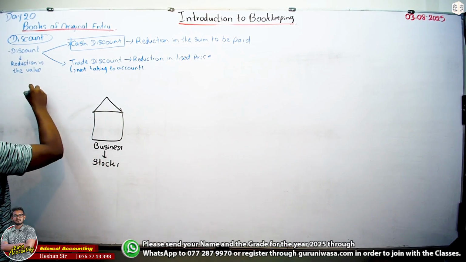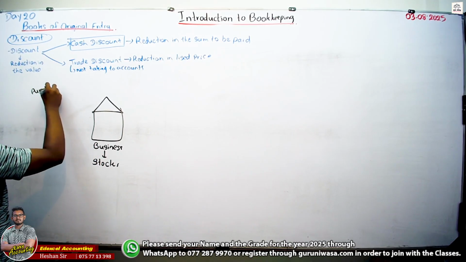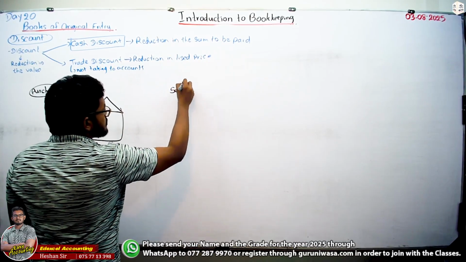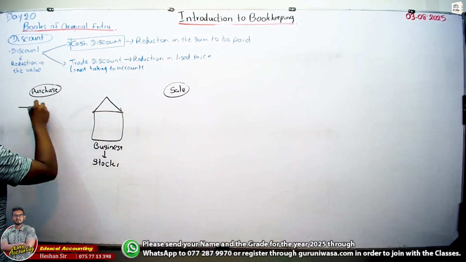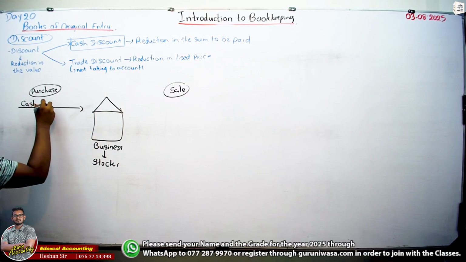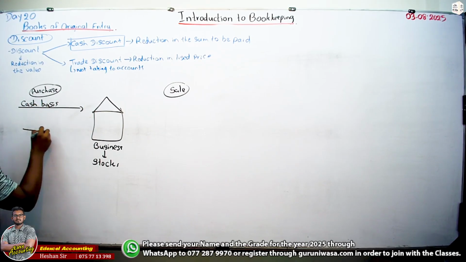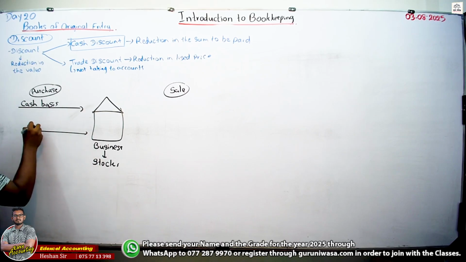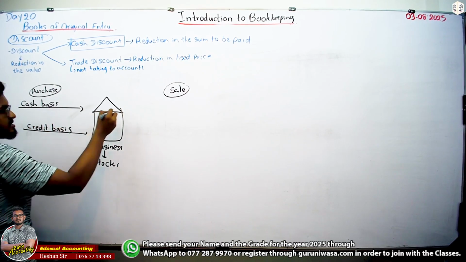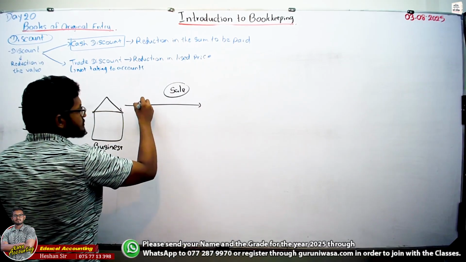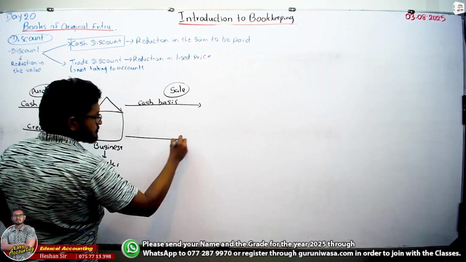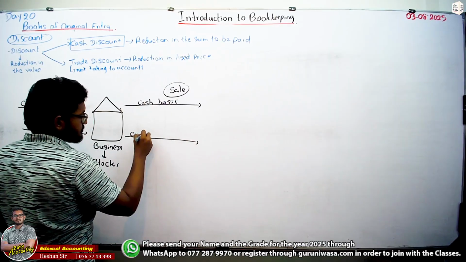A business purchases goods as well as sells goods. Purchases are made either on cash basis or credit basis, and sales are also either cash basis or credit basis.